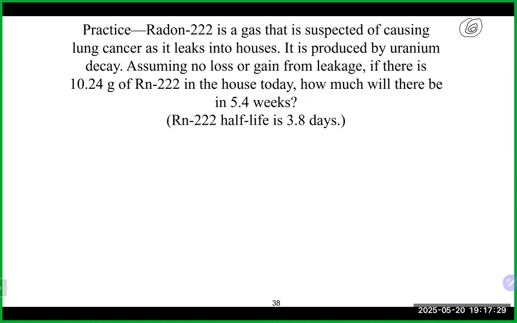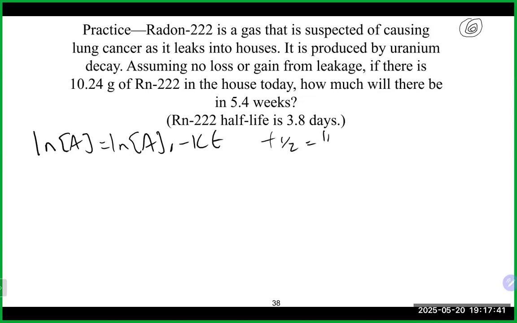Okay, so let's take a look. In this case, once again, we're definitely going to roll with our equations for first order, and our half-life equation. Assuming again that there are initially 10.24 grams, we want to know how much will be there in 5.4 weeks.